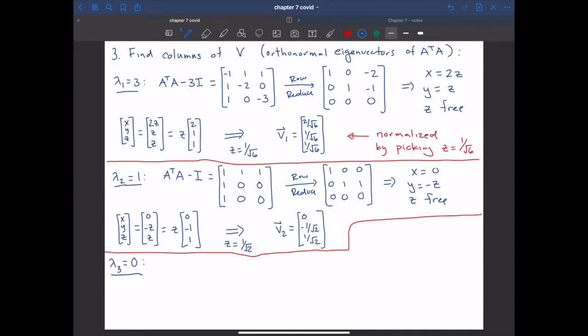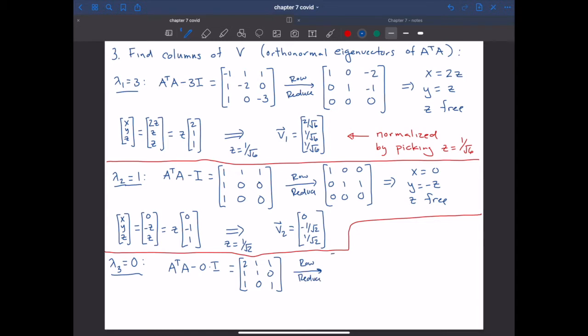All right, so lambda 3 equals 0. So we're going to do A transpose A minus 0 times the identity. That's going to give us just the original matrix, 2, 1, 1, 1, 1, 0, and 1, 0, 1. And we row reduce just like normal.